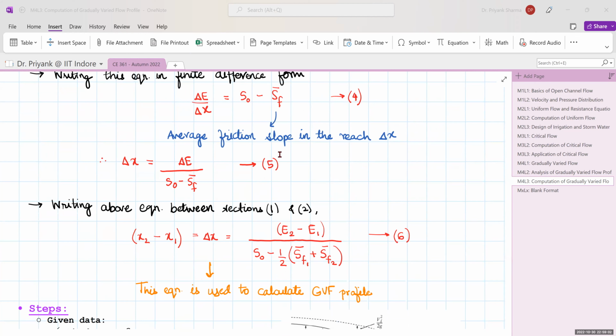If you have two sections, your delta X will be X2 minus X1, that is E2 minus E1 upon S naught minus half of SF1 plus SF2, which is the average of the friction slope. This equation is used to calculate the GVF profile.